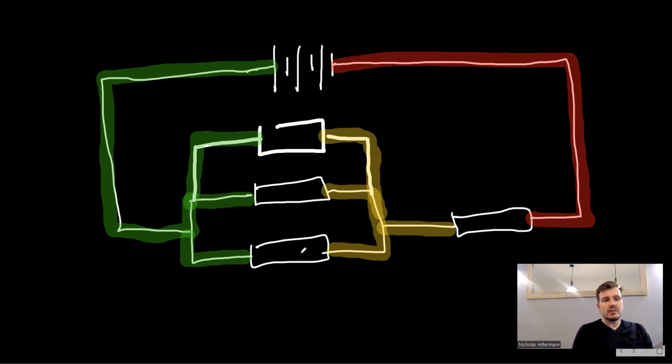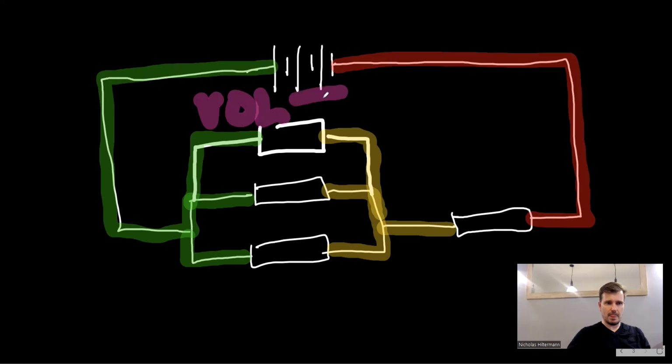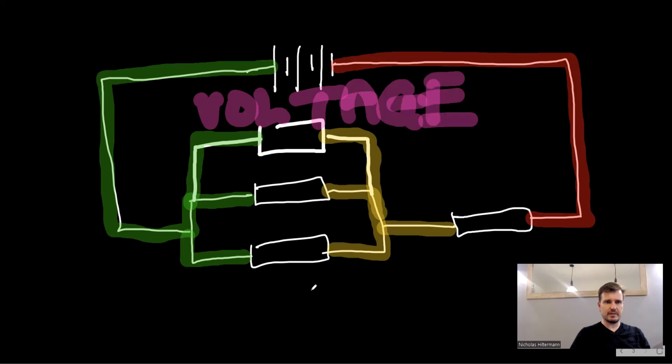I didn't really talk too much about current because I think you get that. The current splits in parallel, but the voltage doesn't, right? So let's just make a big thing here. Voltage. This is what voltage does.